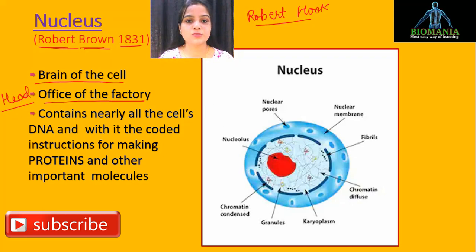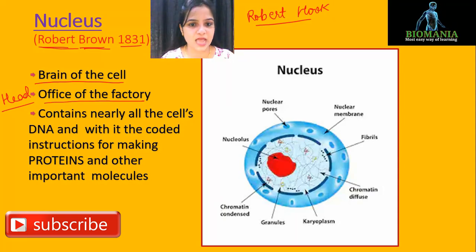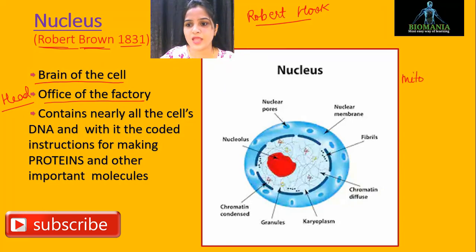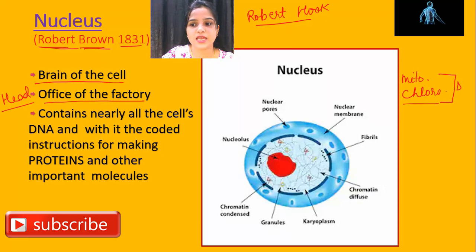Now the most important part, yes that it is the brain of the cell is also important, but the second most important part is that it contains nearly all the cell's DNA. But there are two cell organelles, that is mitochondria and chloroplast, I am writing the short form. They have their own DNA.